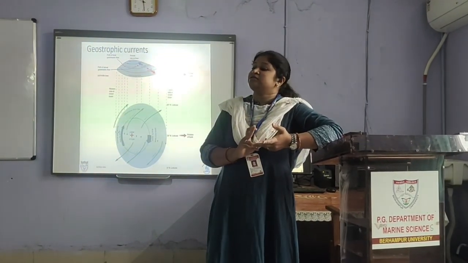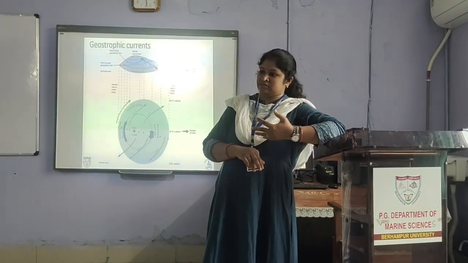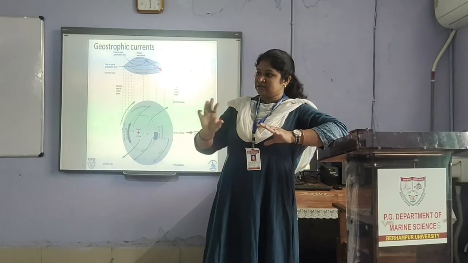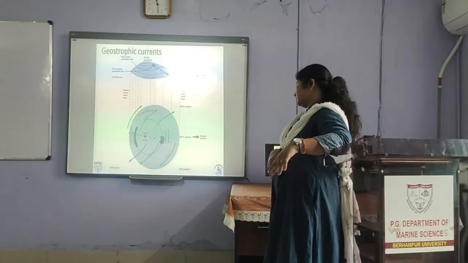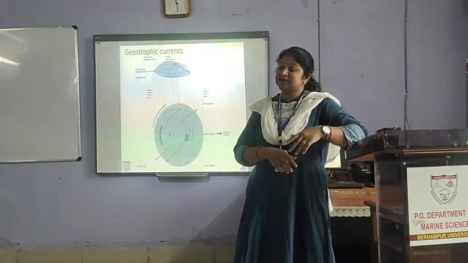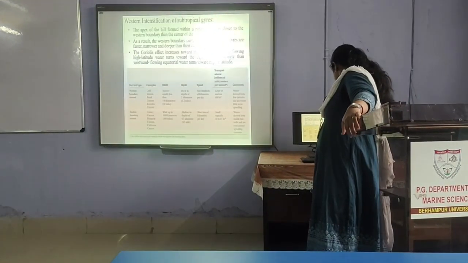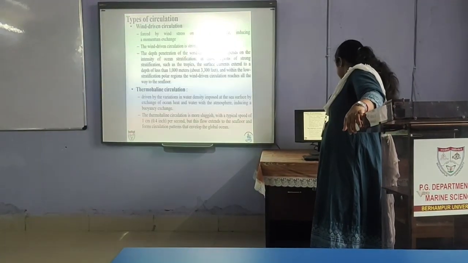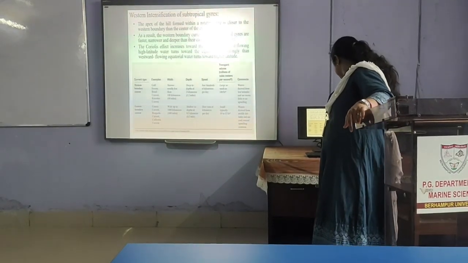Cooler water, slower, shallow. Shallow means less depth, so a shallow current will flow in the eastern boundary current. So this is called western intensification, and these are the characteristics.